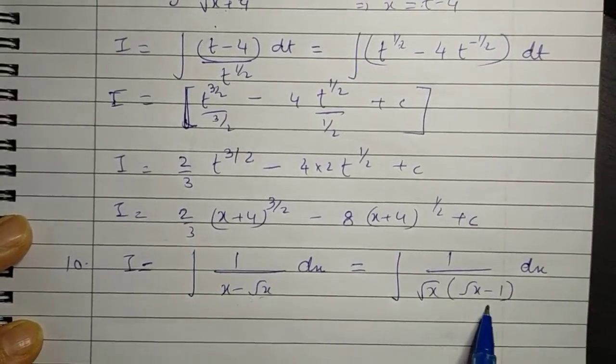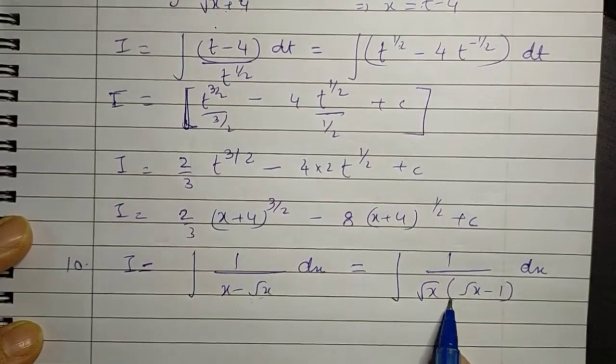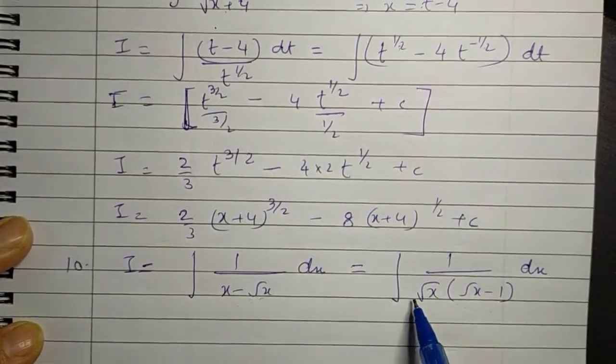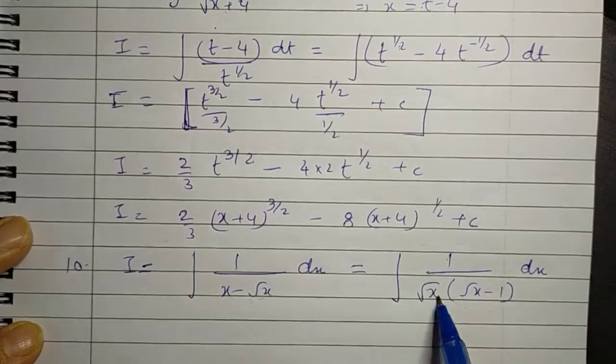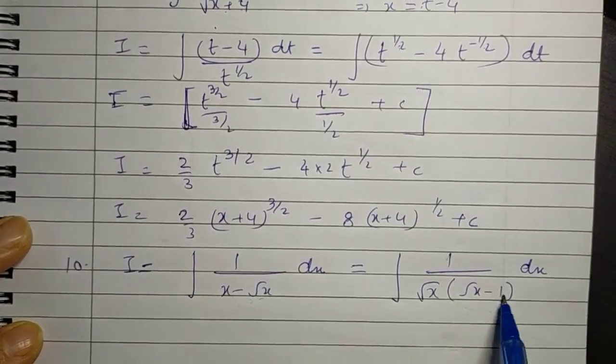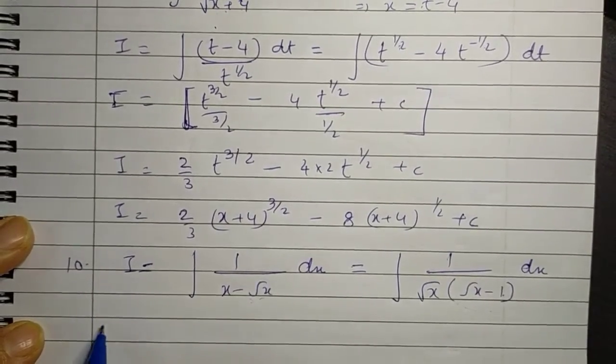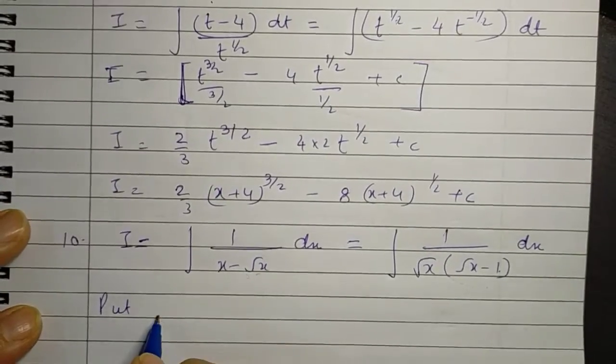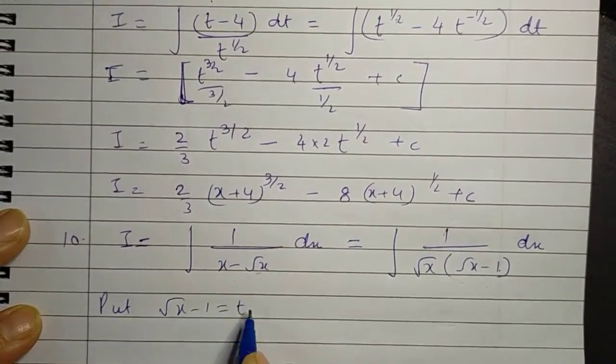Now if we put this thing as t, we will get 1 upon root x dx gets absorbed in dt. Let's see how. Put root x minus 1 as t.